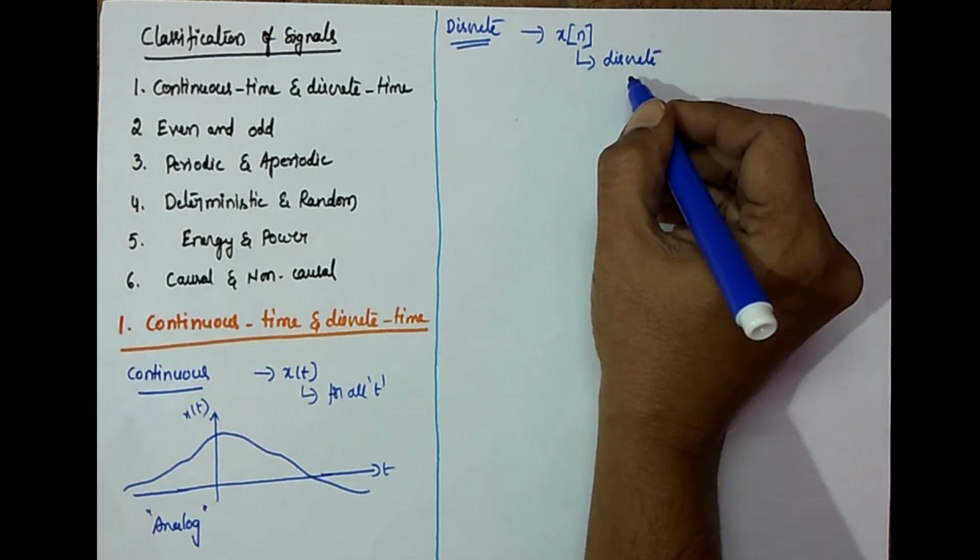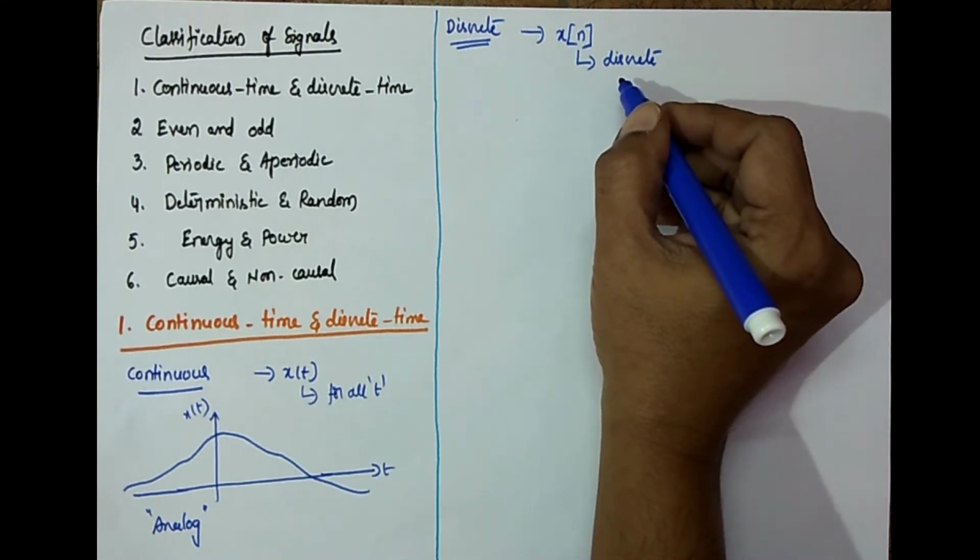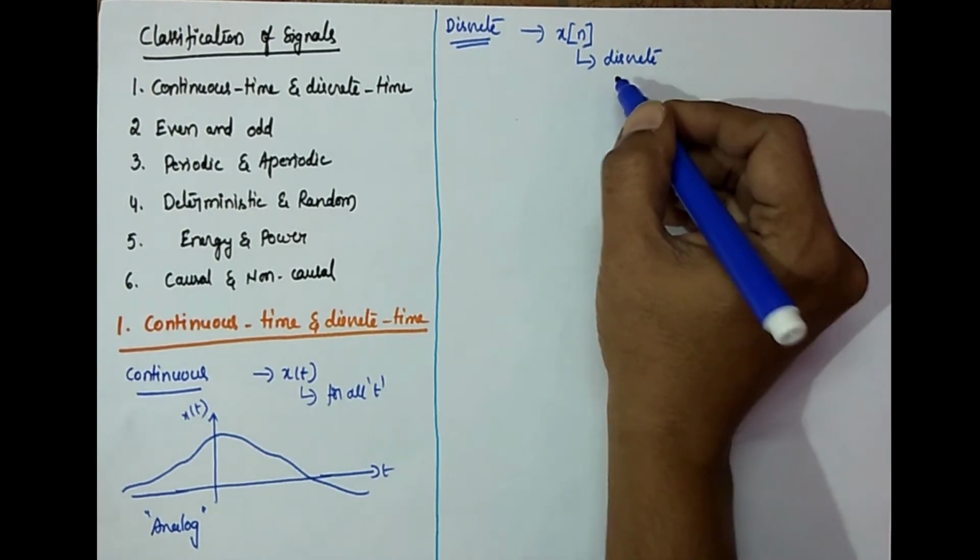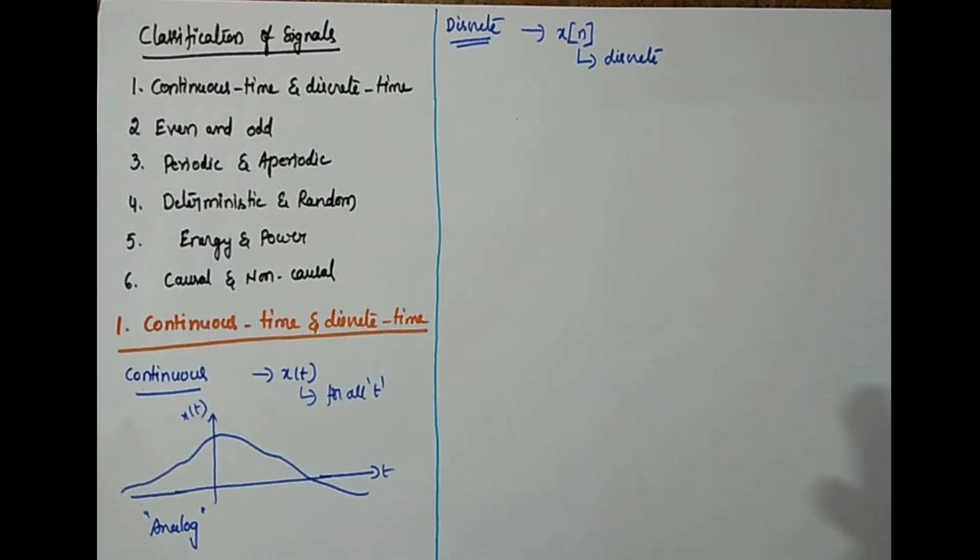Okay, not continuous. N is not continuous. Then how to get discrete signal? Discrete signal is not a naturally existing signal. Discrete signal has to be generated. How to generate a discrete signal? It can be generated from a continuous signal.